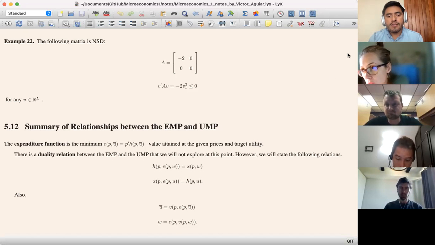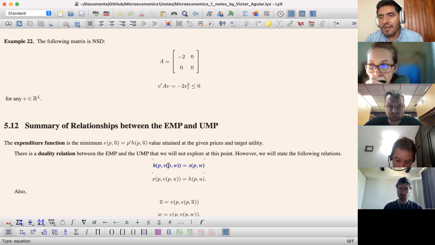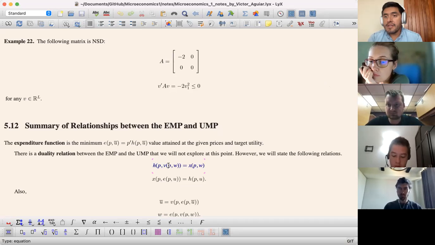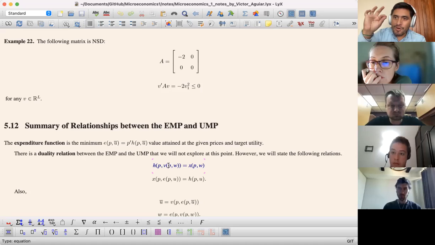So the first part is essentially the relation between the Hicksian demand, by Hicks, and the famous Marshallian, then expanded and formalized by Pareto mainly, x(p,w). And the way they relate to each other is by basically changing the U bar that before was a value. We now change that value by the value of the indirect utility evaluated at p and w, the income level.